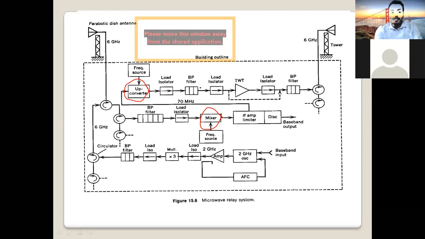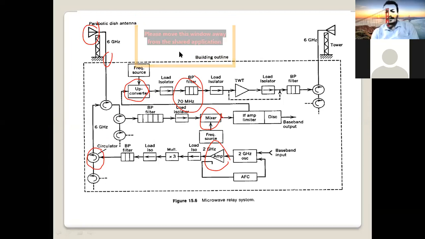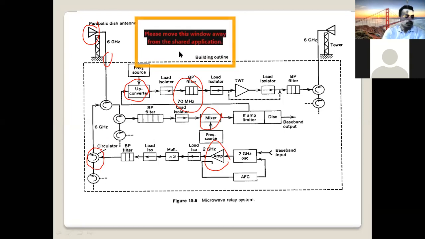Similarly, for other components like a filter, here you can see a bandpass filter, you can see an amplifier here, and isolators, circulators. Here we have our microwave antenna. Here we have our transmission line. So that's why I say it's a very important chapter. Chapter 3, microwave components. That's our topic today.